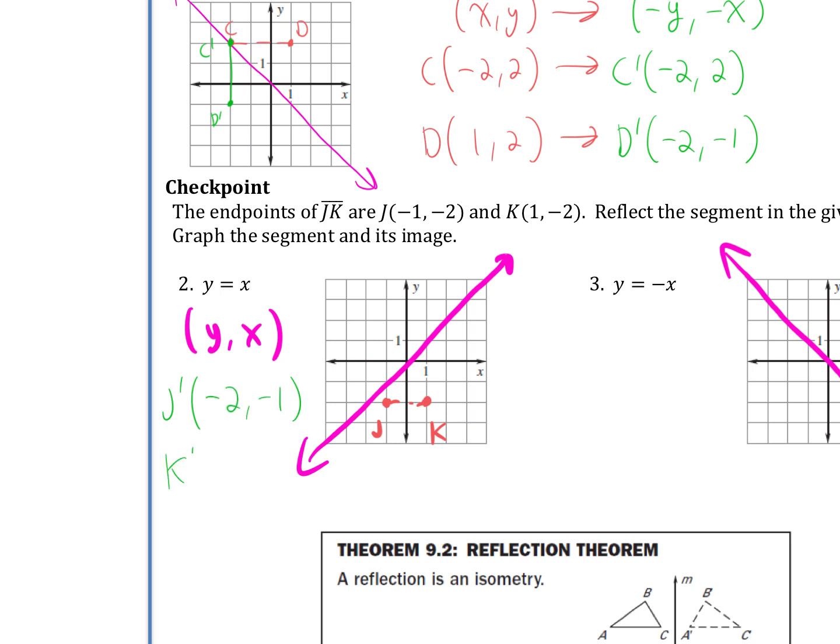And for K prime, it would be negative 2, positive 1. So let's graph that. We have negative 2, negative 1. You can see it's a half box away at a right angle, which is good. And then we have negative 2, positive 1, which is right here, and that's K prime. It's basically 1.5 boxes at a right angle there, so we know we did this right. Excellent. Very cool.